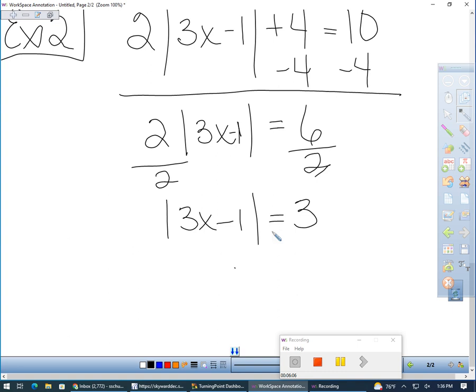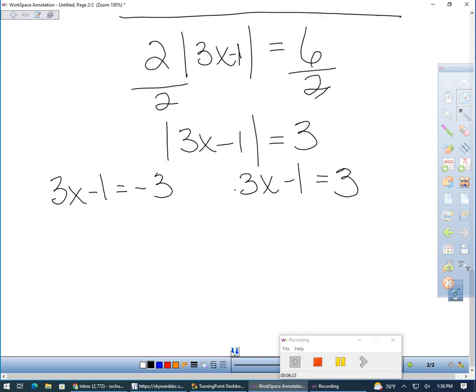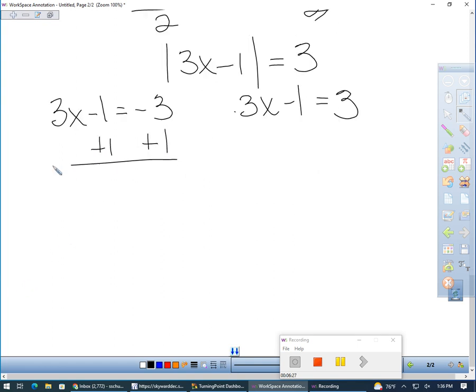Now that the absolute value is all by itself, we can split it into 2 separate equations. 3x minus 1 equals negative 3, and 3x minus 1 equals positive 3. First, we're going to add 1 to both sides. We get 3x is equal to negative 2. Divide by 3, and x equals negative 2/3.